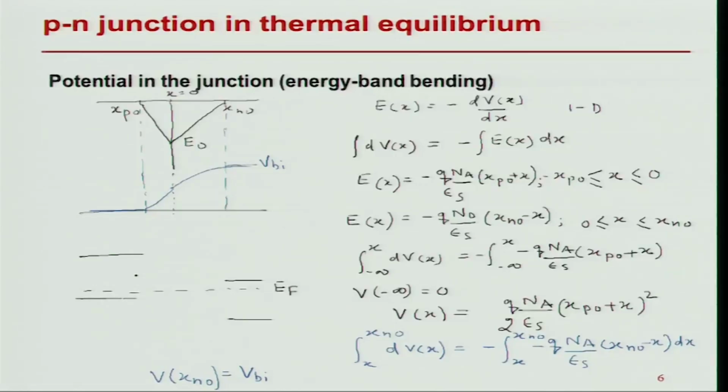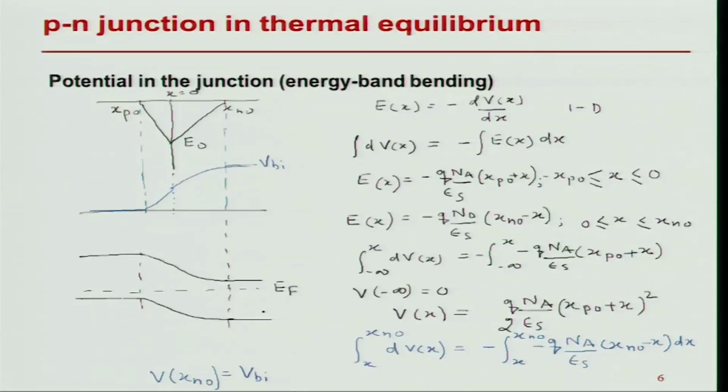Hence, the energy band bending is always going to be, one will have to subtract that from here, and it is going to be absolutely a mirror image of the potential change. So, now I am able to draw, in this depletion approximation of the p-n junction for a step junction, what is the energy band bending inside the junction.